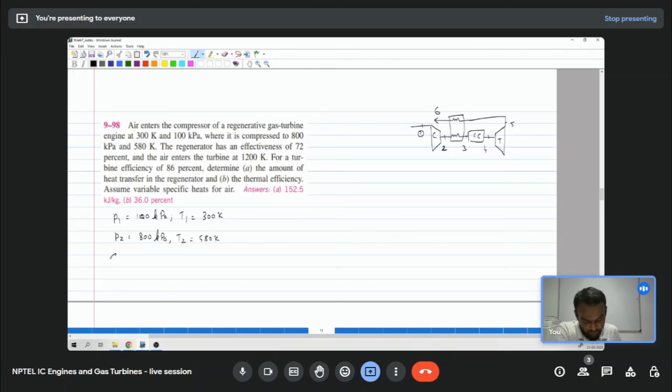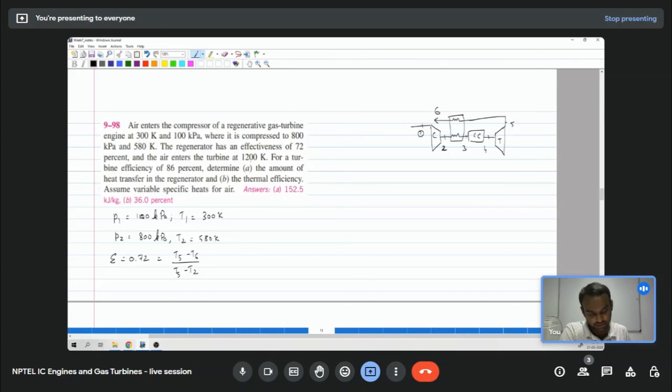The effectiveness of the regenerator is given as 0.72 or 72%, which means that (T5 minus T6) divided by (T5 minus T2) is 0.72.